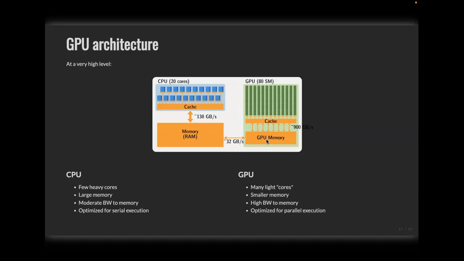So that means that, yes, you can process the data faster using the GPU cores because the memory bandwidth to GPU memory is faster. But first, you need to eat the cost, let's say, of moving the data from CPU memory to GPU memory.